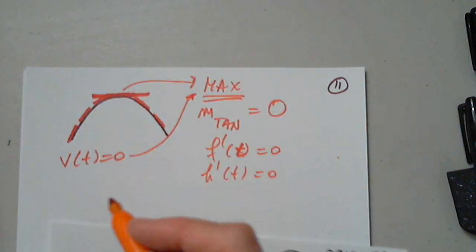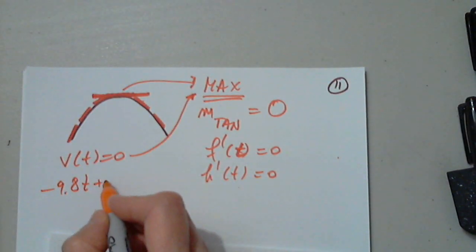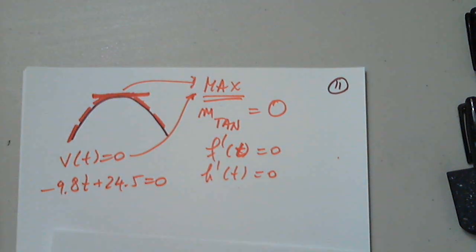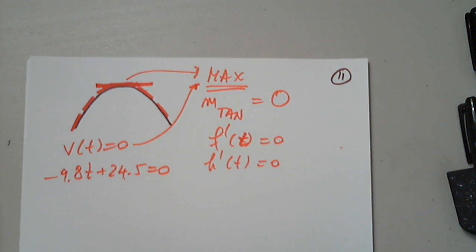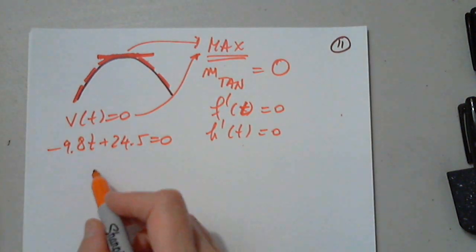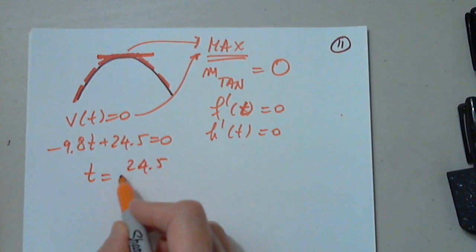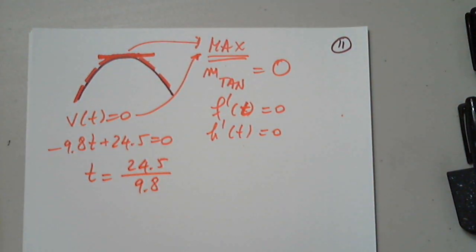So all I have to write is that negative 9.8t plus 24.5 is 0, and find when it reaches the maximum. So t equals 24.5 over 9.8.